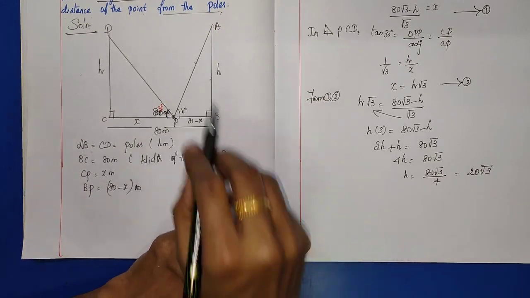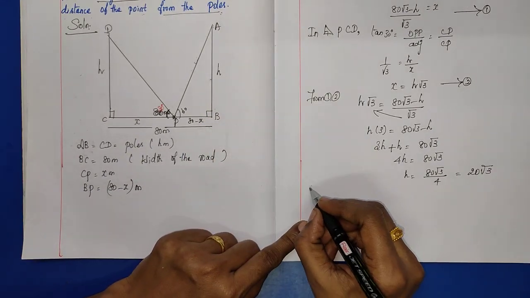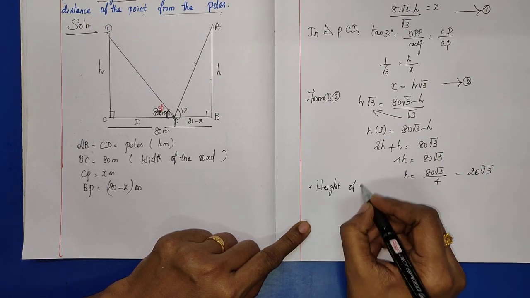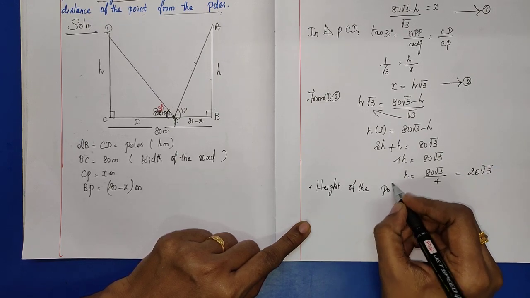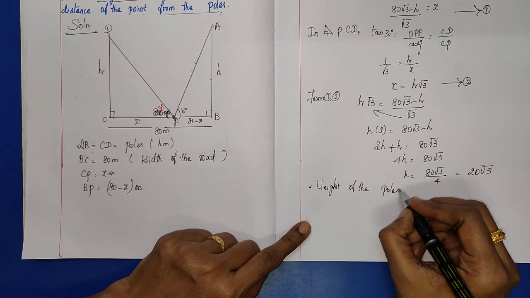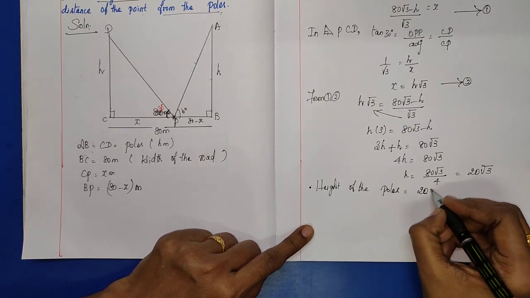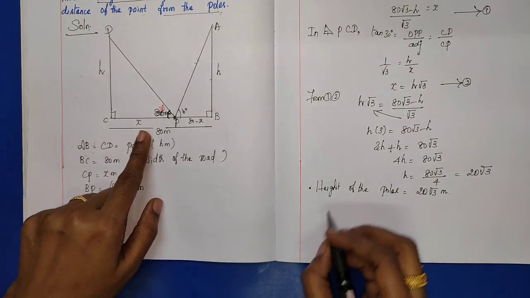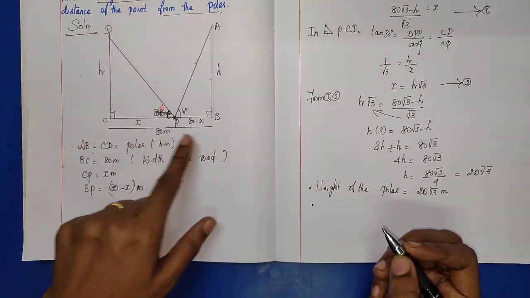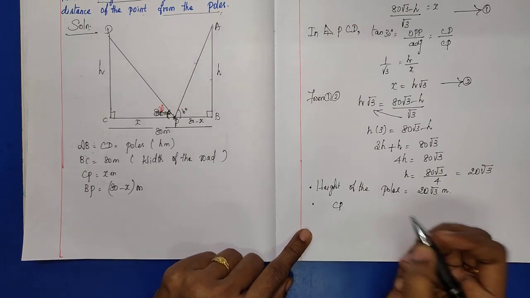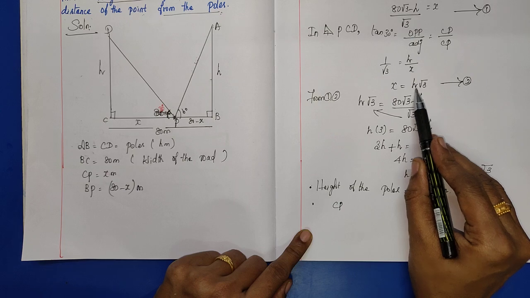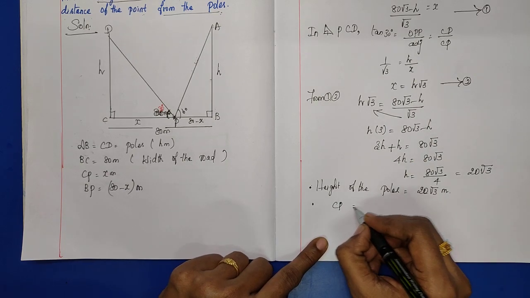Therefore, the height of the equal poles is equal to 20 root 3 meter. And find x, that is CP. The CP is equal to x. Substitute h in equation number 2.